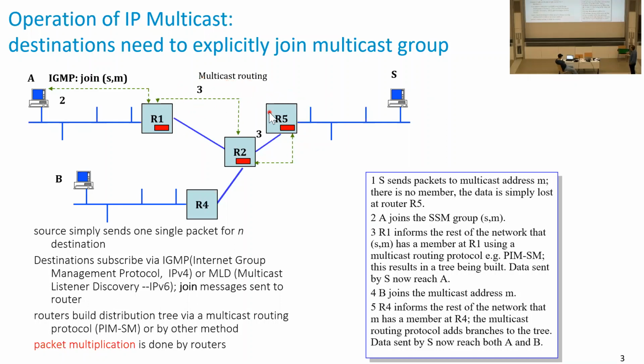So this multicast routing protocol will force R1 to inform R2 and R5 that they need to transfer the data so that it reaches A. And this red block means there's now state information in the router indicating that the distribution tree must go through those routers here. The next time when S sends a packet, S is not informed of that.